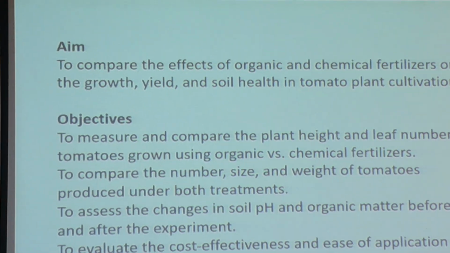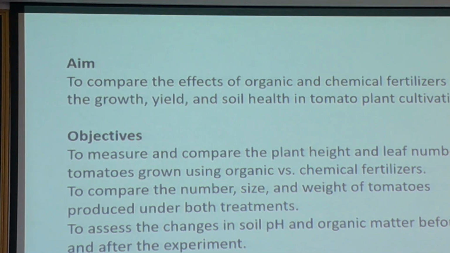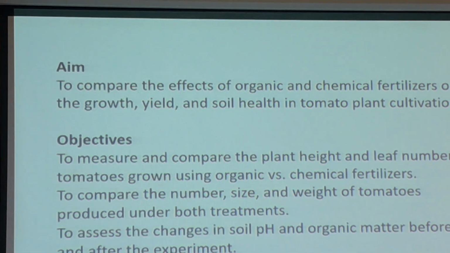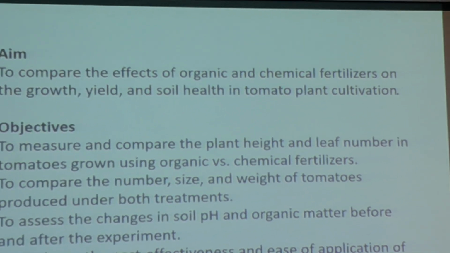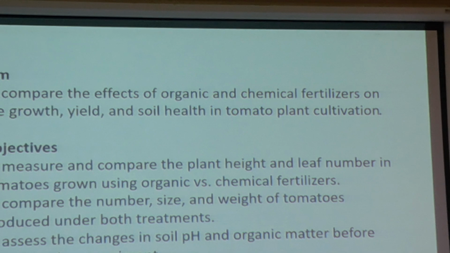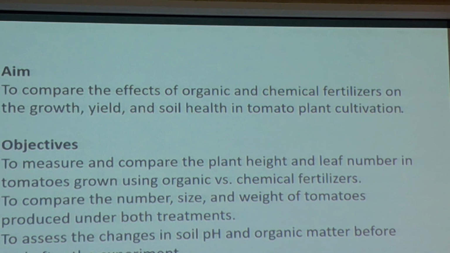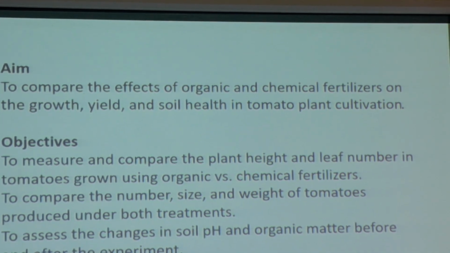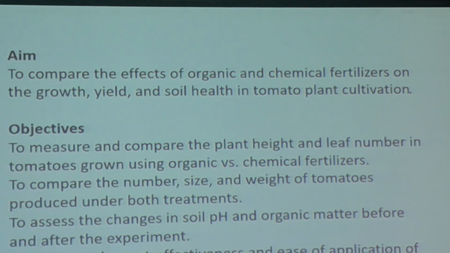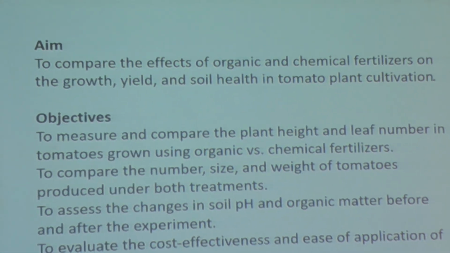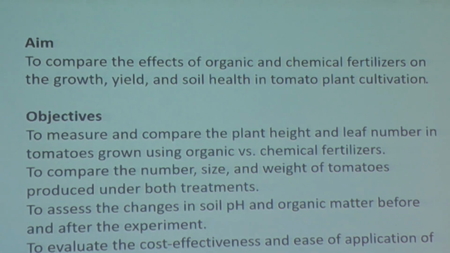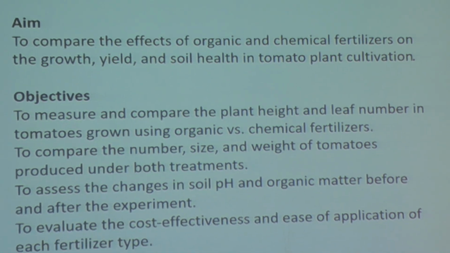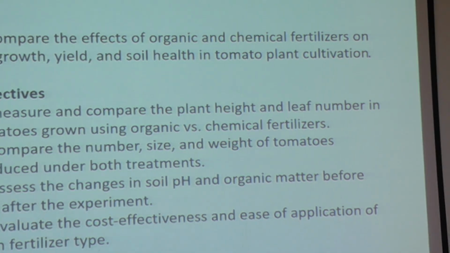So your study must have one aim, being a PG student, with different objectives. What is the aim here? You read it. To compare the effects of organic and chemical fertilizers on the growth, yield and soil health in tomato plant cultivation. A well-defined aim. Now what are our objectives? To measure and compare the plant height. Wait. When you are going to measure and compare the plant height and leaf number, you can measure the growth and yield.